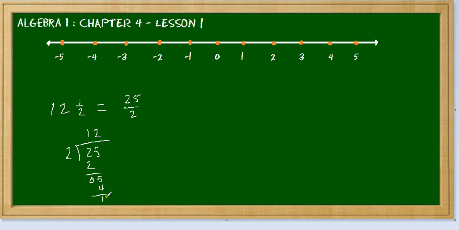We'll subtract 4 from the 5, and now we need to go into the decimal. So we'll put a decimal there, and a decimal up here, and we'll bring down a 0. 2 into 10 goes 5 times, and now we have 12.5, which we knew we could have done directly from here.